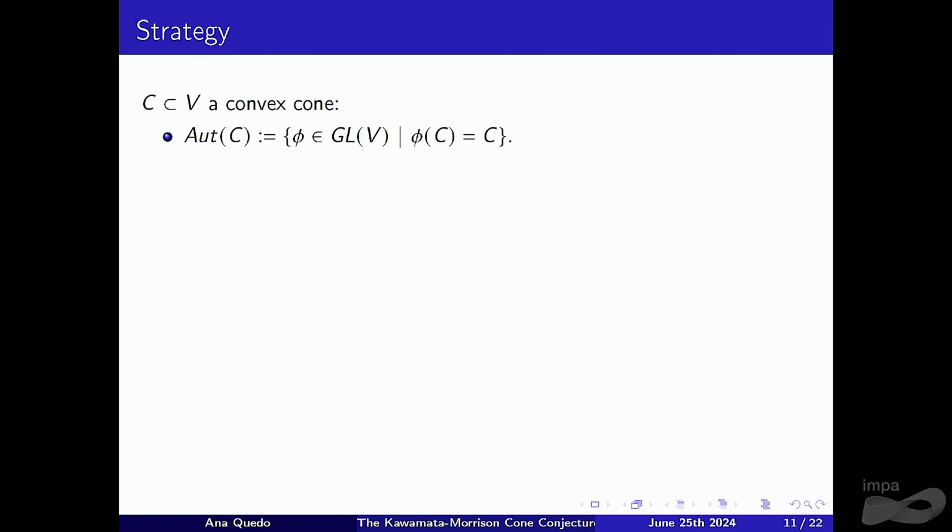So now I will try to give you a bit of the strategy to solve the problem. The first thing is we consider a convex cone C on a vector space V. I will call the automorphism group of the cone the linear transformations of V that preserve the cone.